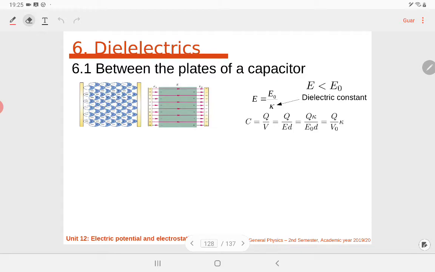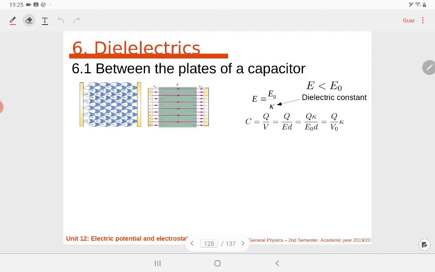This is going to change the overall capacity of the capacitor if we put a dielectric, because the capacity of the capacitor can always be calculated as the ratio between the total charge we have in the capacitor divided by the difference of potential between plates.